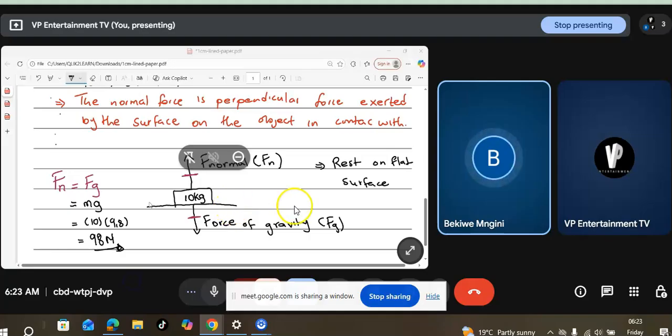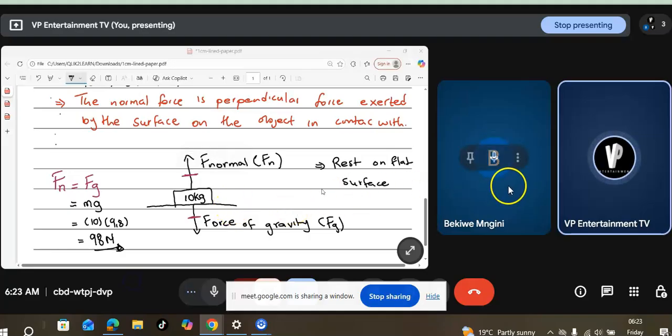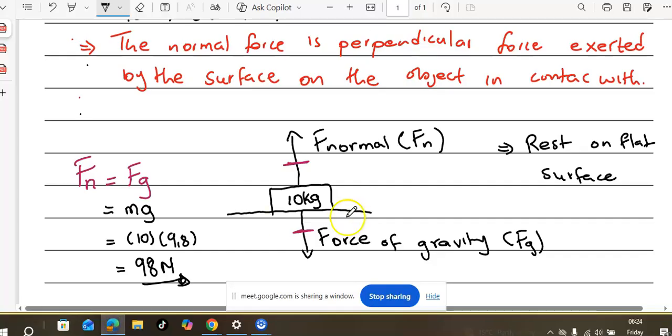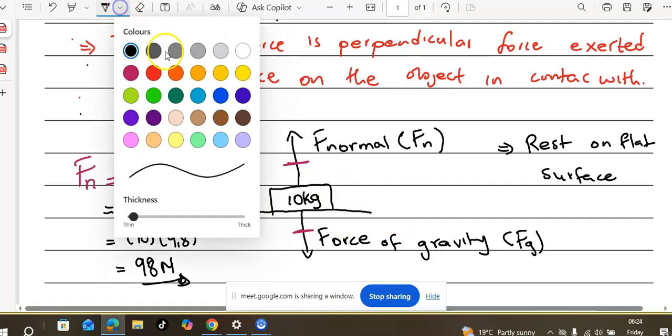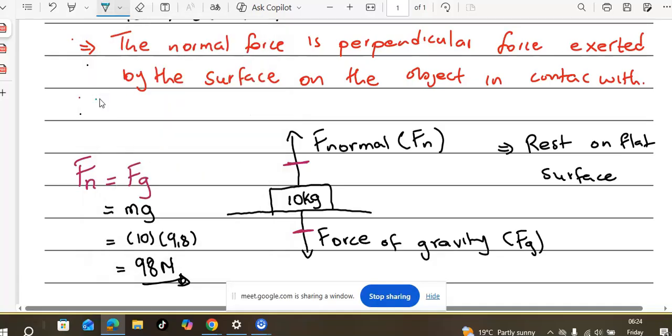Very happy, sir. Okay, so now my question is, let's say there will be an applied force on this object. Let's say we add an applied force. How will that affect the normal force? Sure. Let's add the applied force.